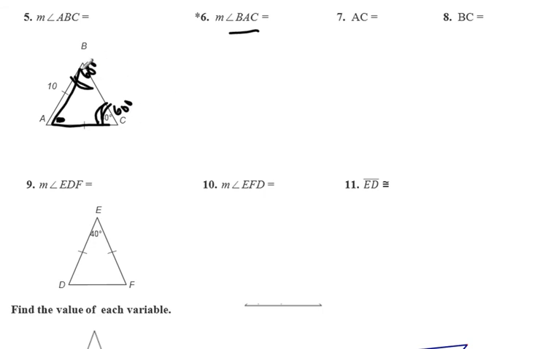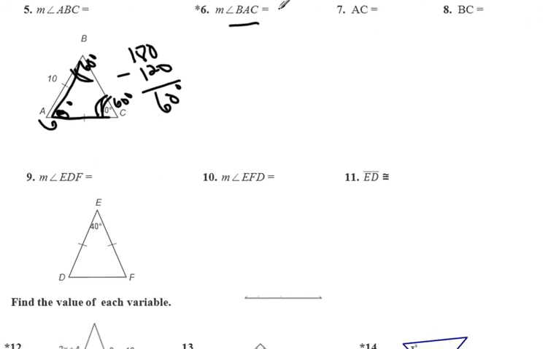And now, if 2 angles in a triangle are 60 degrees, then their sum is 120 degrees, which we can subtract from 180 degrees. So what's left over is 60 degrees. So this actually ends up being an equilateral triangle. So the measure of angle BAC is 60 degrees.